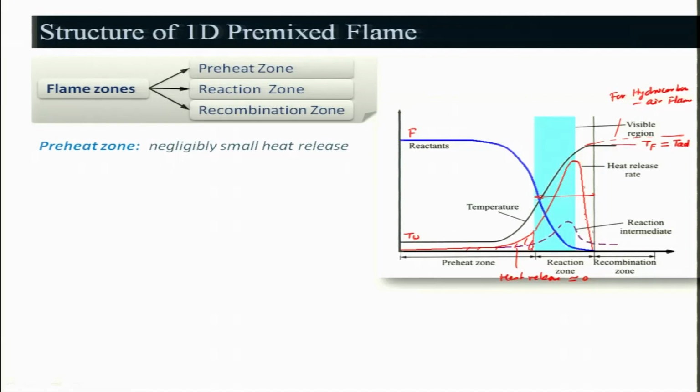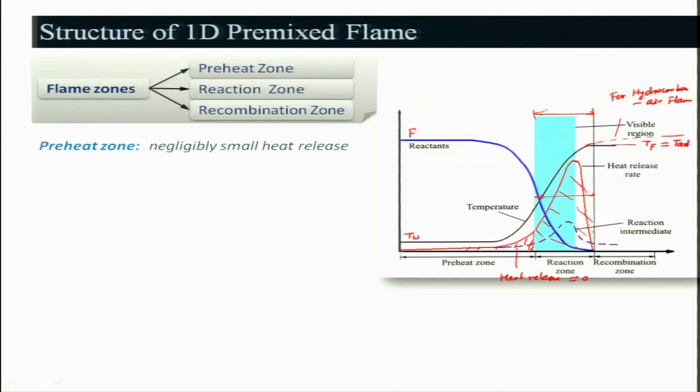If I consider these regions where heat will be released, it will be very high, and it occurs in a very thin region. Keep in mind that I have exaggerated this reaction zone, but in real situations it will be of the order of maybe less than 1 mm, and this will be much larger, but I have exaggerated just to make the point clear to you.